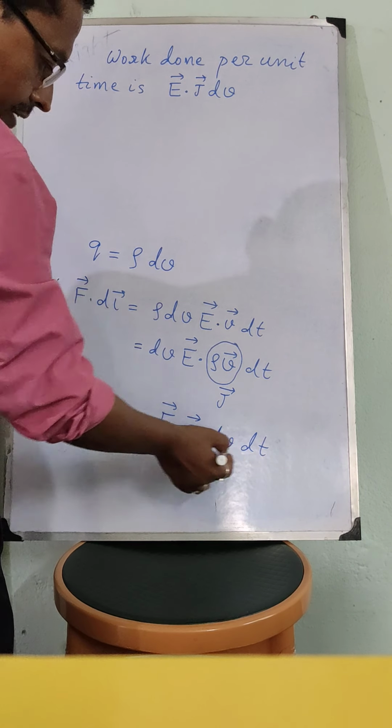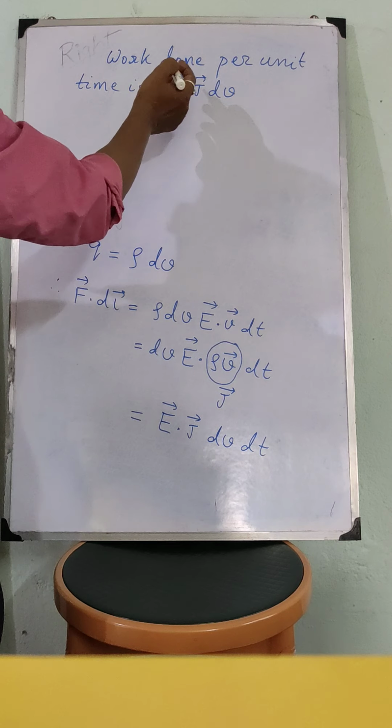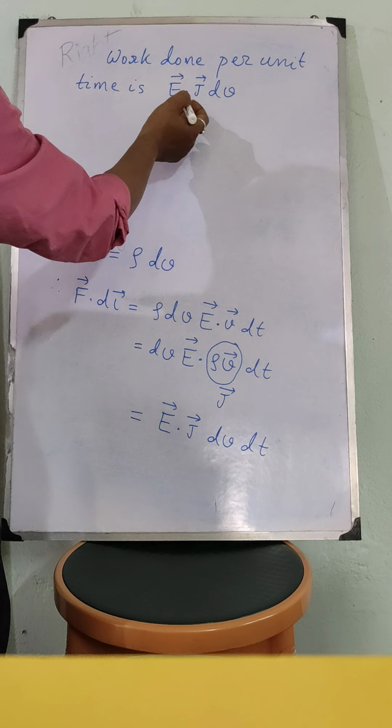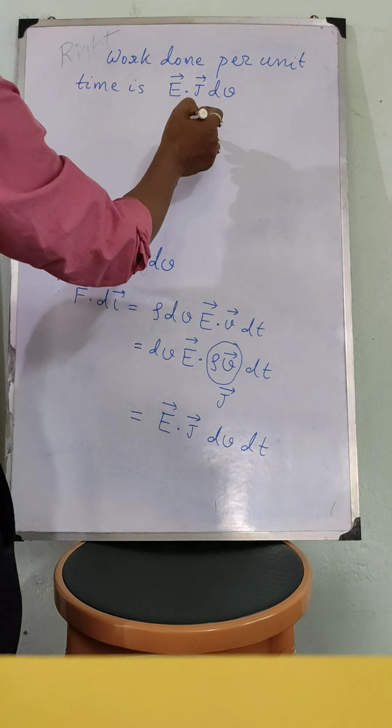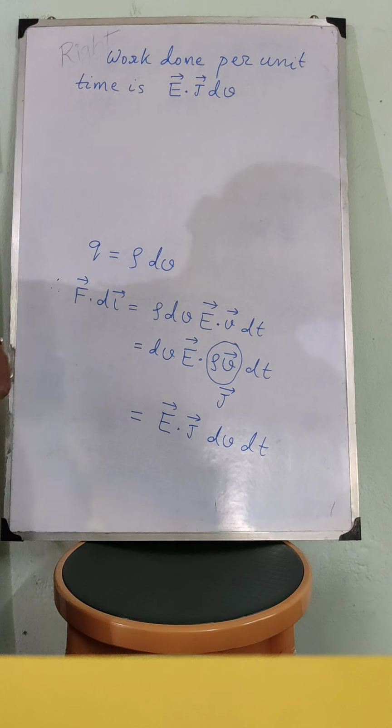This is the work done per unit time by the electromagnetic field on the charge rho dV.